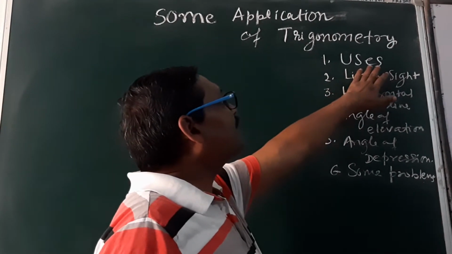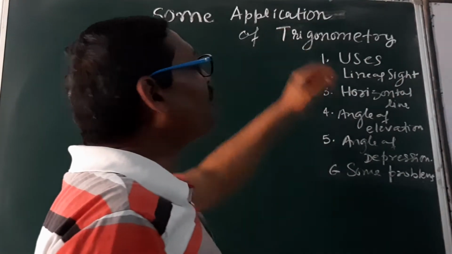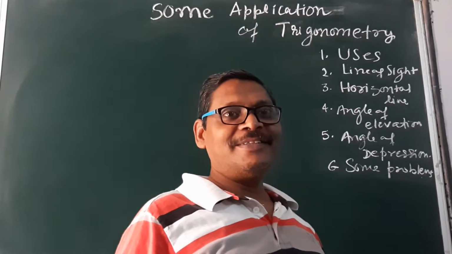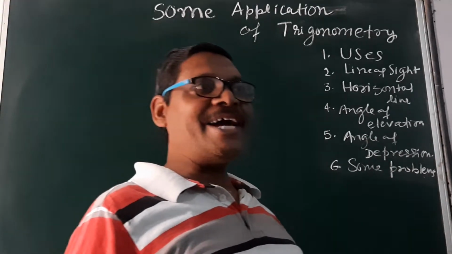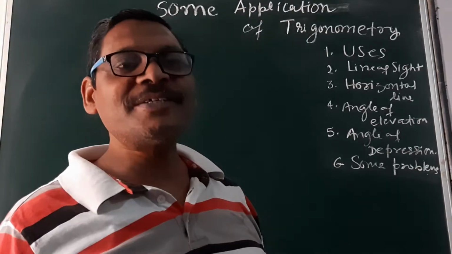The first is, what are the uses? The uses of trigonometry are very interesting. You can find the height of a mountain, the height of a building, the height of a tree, the height of a tower without climbing on it.